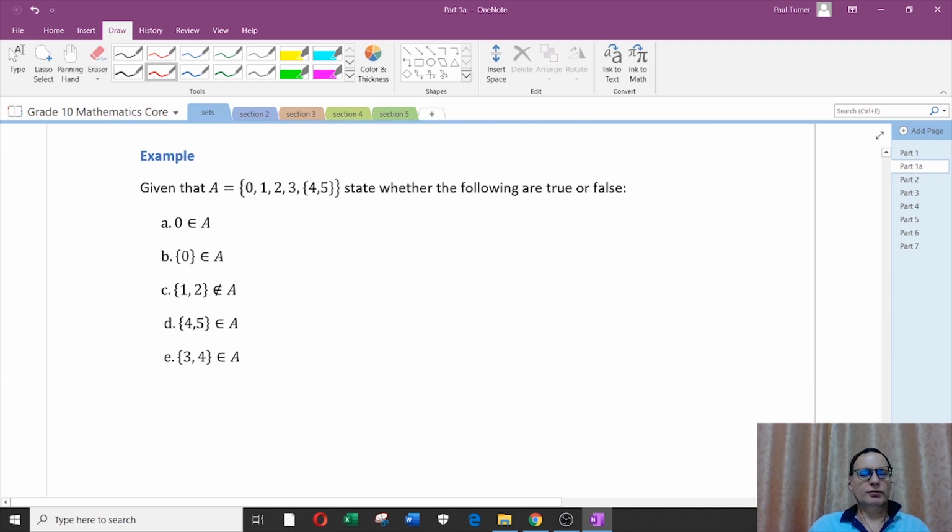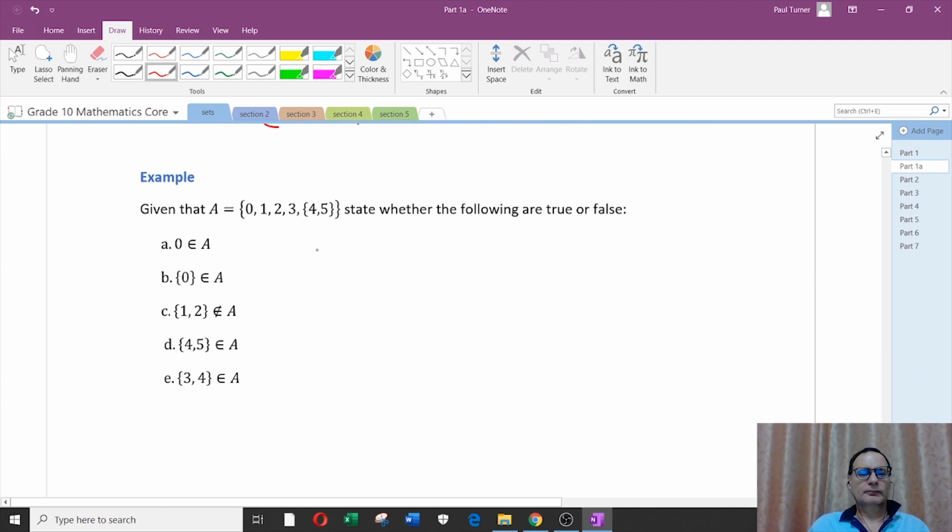Another example you'll see in the workbook. Okay. So we want to know whether the following are true or false. Look at the elements. What are the elements? 0, 1, 2, 3, 4, 5.